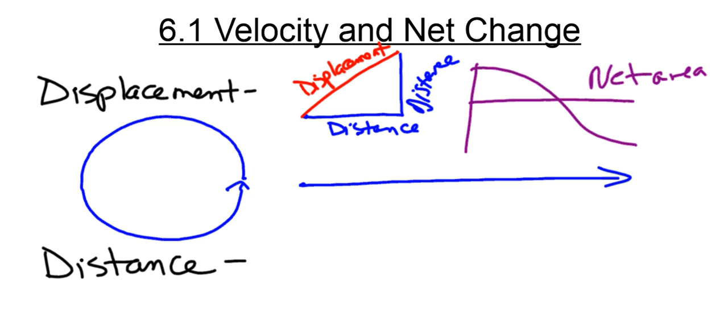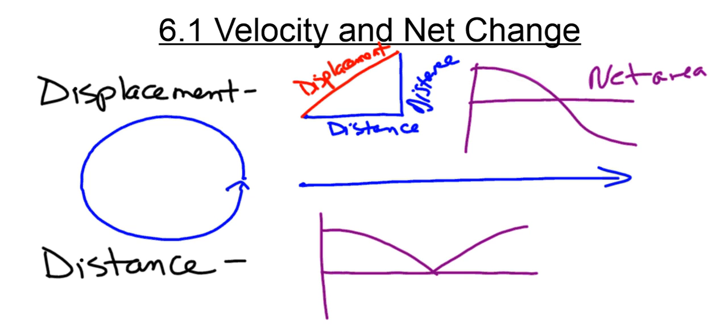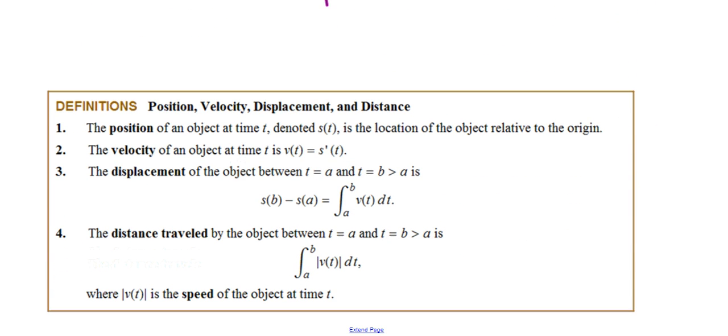And for distance, then, I need to figure out exactly, so maybe this function looks more like this, and I'll have a total area. So then how do I use my integration methods for finding displacement and distance? And that's where our little chart comes in.